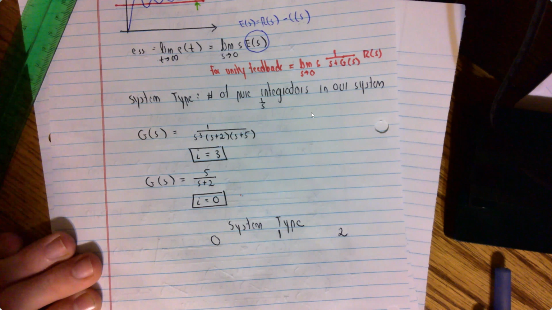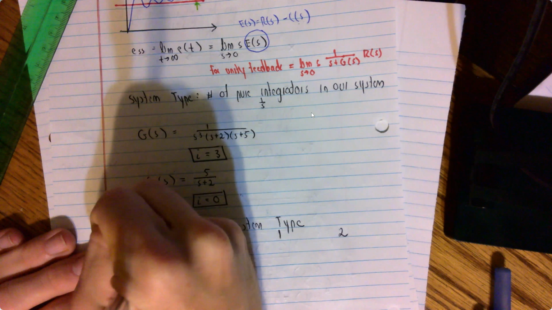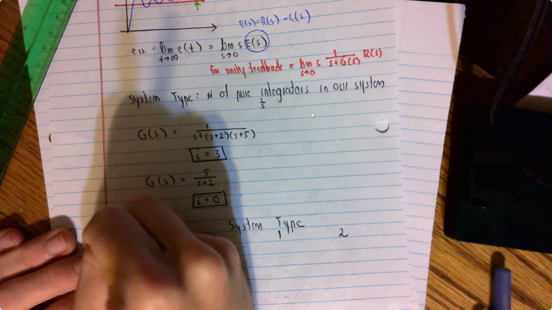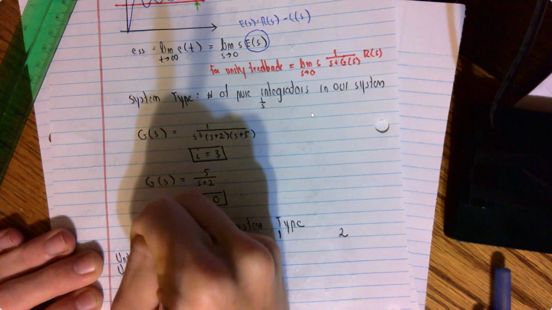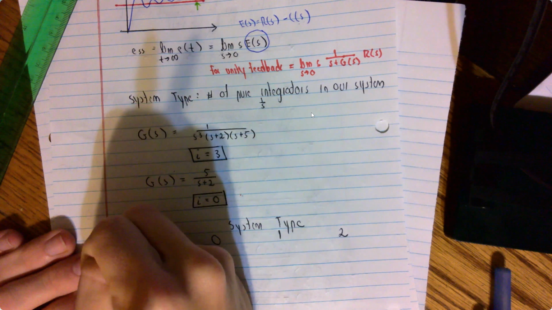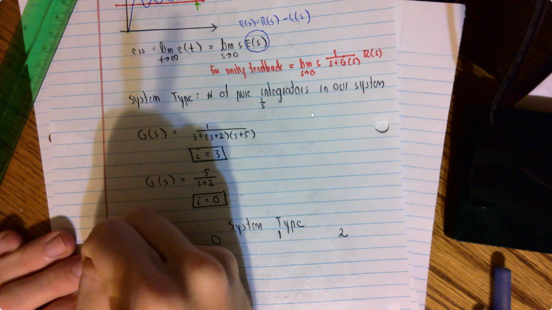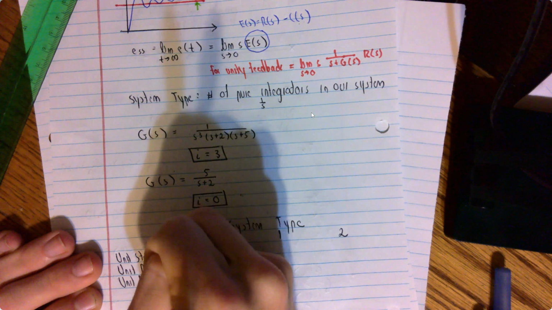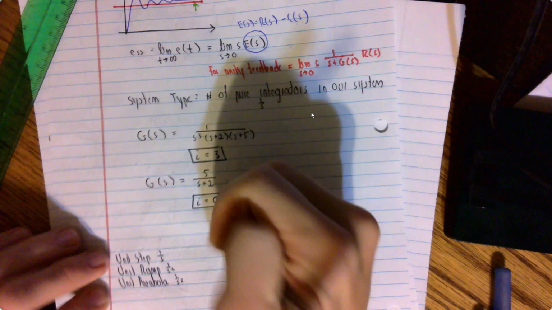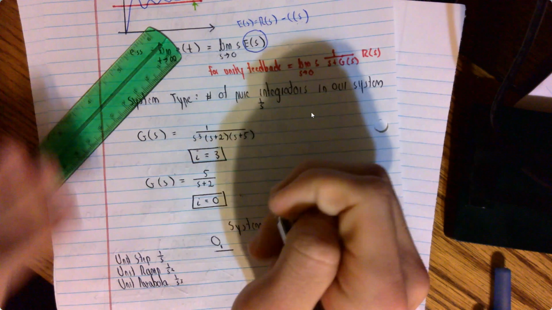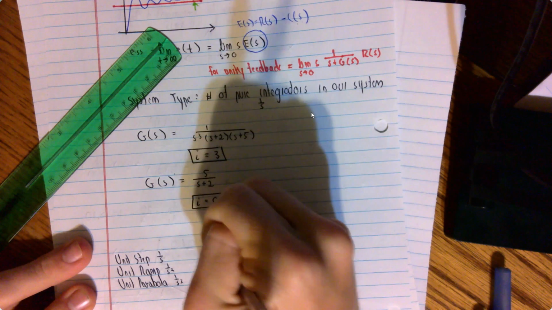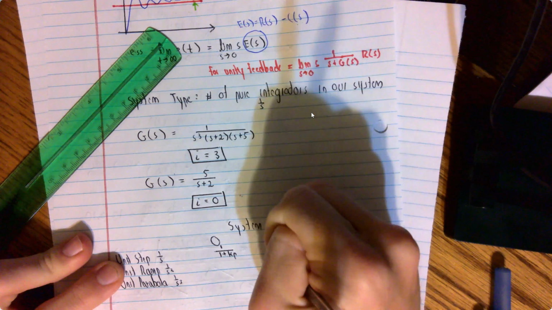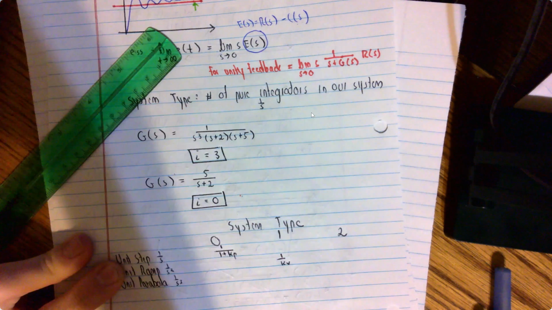And so if we have a unit step, which is 1 over S, if we have a unit ramp, which is 1 over S squared, or if we have a unit parabola, which is 1 over S cubed. The steady state error for a unit step, if you have no pure integrators, is going to be 1 over 1 plus Kp. For the unit ramp, for 1 pure integrator, it's 1 over Kv. And then for the unit parabola, it's 1 over Ka.